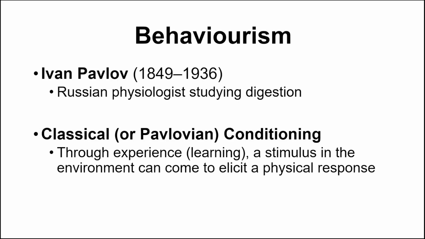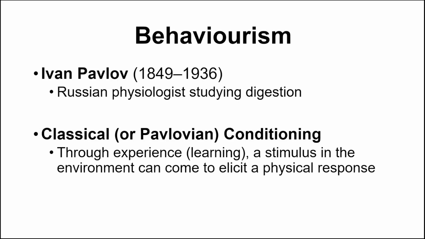So from our dog and bell and food example, that bell is our stimulus in the environment. Originally, a bell means nothing to a dog, but because that bell is reliably paired with the dog getting food, eventually the bell elicits or produces the same physical response as if the dog had gotten food.